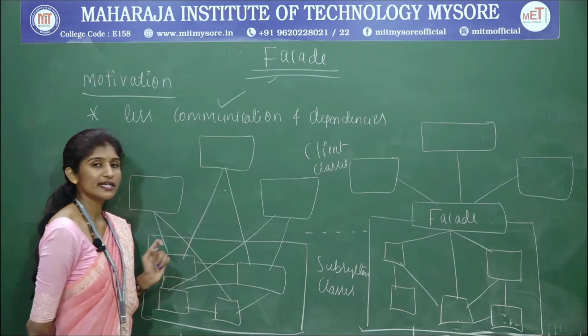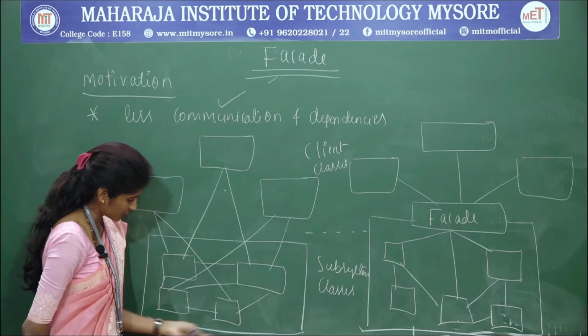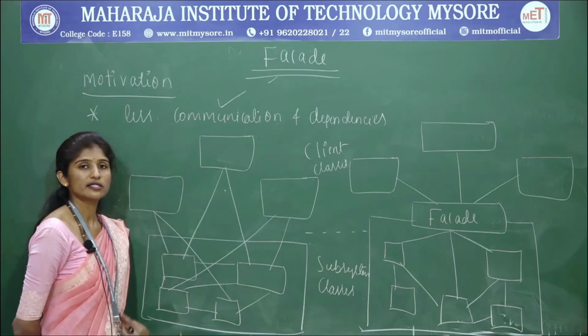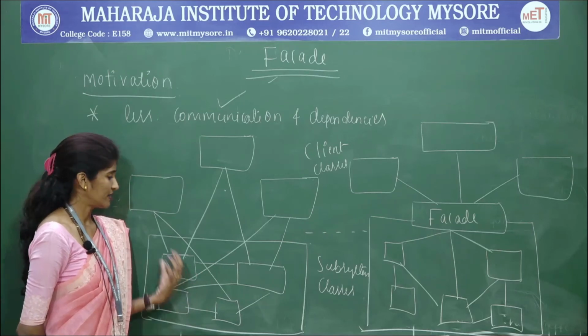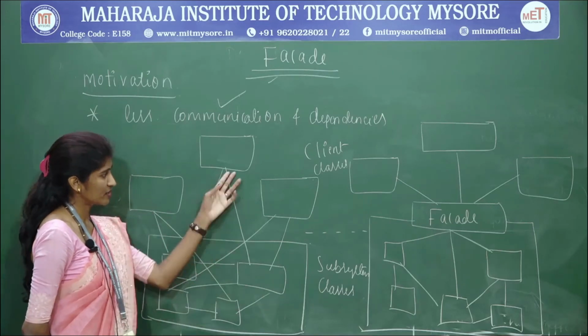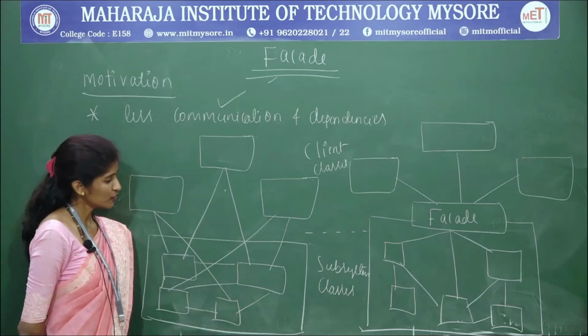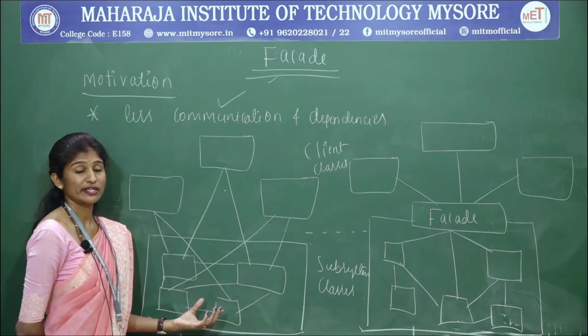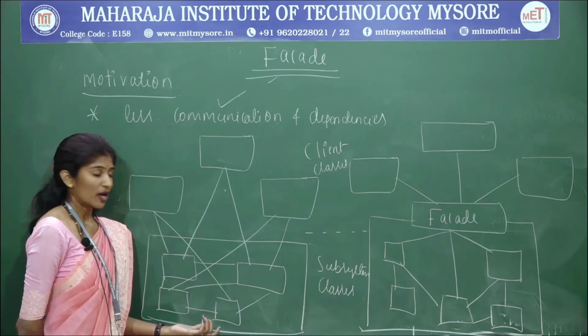These are all the client classes, and this section I am going to consider as the subsystem classes, with derived classes, one derived from this class, another derived from this one, and so on. These are all a group of subsystems which are interconnected with each other, and you can see they are actually dependent on each other.